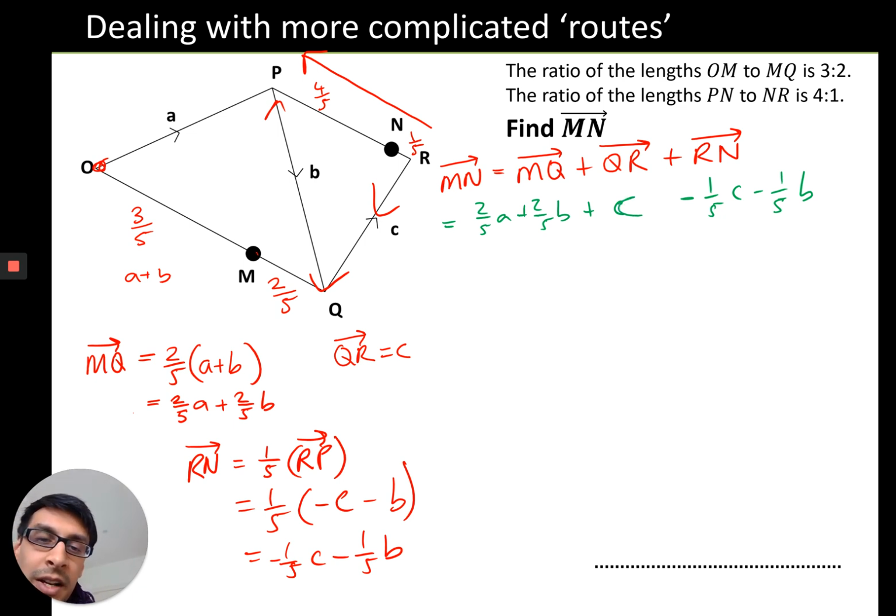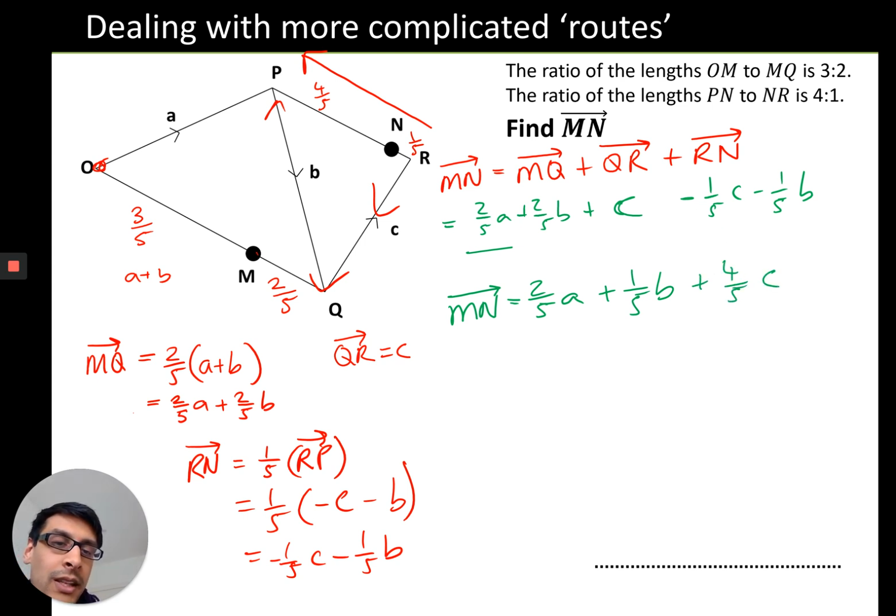So then simplify just like basic algebra. 2/5 a is just 2/5 a. Then 2/5 b, take away 1/5 b. Well, that's just going to give me 1/5 b. And then I have c, take away 1/5 c. So that's going to be plus 4/5 c.